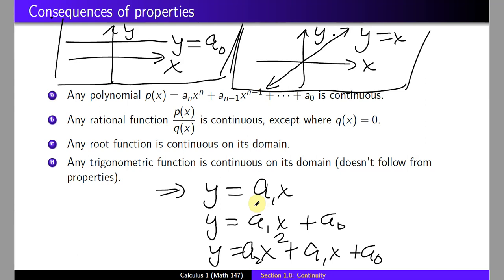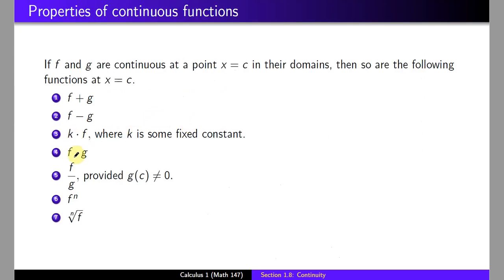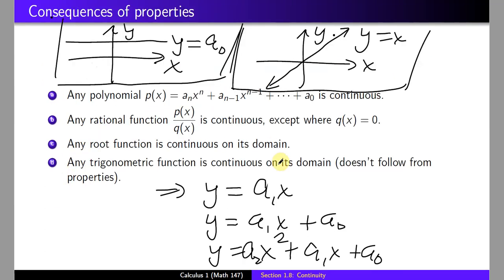Okay, so we know that any polynomial is continuous. Now that we know any polynomial function is continuous, any rational function has to be continuous as well, because a rational function is just a polynomial divided by a polynomial. If two functions are continuous, then so is their quotient, or if you divide the two, except for where q of x could be 0.